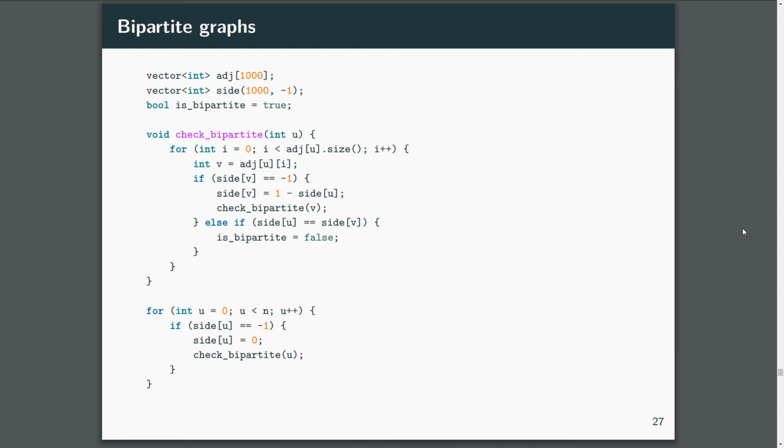Okay, so here we have the DFS, and we assign, so here 1 minus side of u. If side of u is 1, this becomes 0. If it is 0, then this becomes 1.